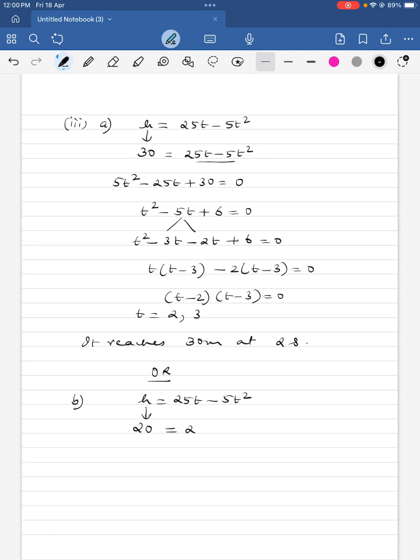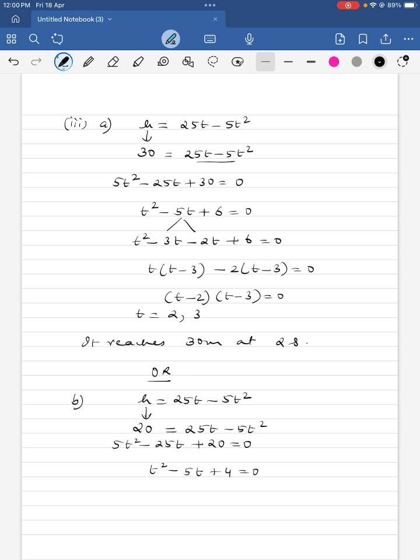20 is equal to 25t minus 5t squared, which will give me 5t squared minus 25t plus 20 is equal to 0 if I rearrange it a little bit. If I simplify the expression, I would get t squared minus 5t plus 4 equal to 0.